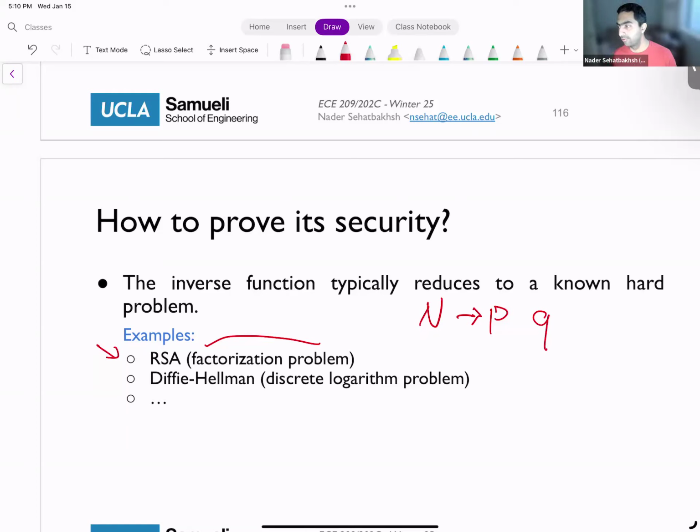For example, if I give you 33, you can quickly say 3 and 11. But if I give you 3 billion something, it's not going to be easy to find the prime factors. In fact, people have shown that this is an NP-hard problem, so that if you can solve the factorization problem, there are other problems in the NP domain that you can solve.